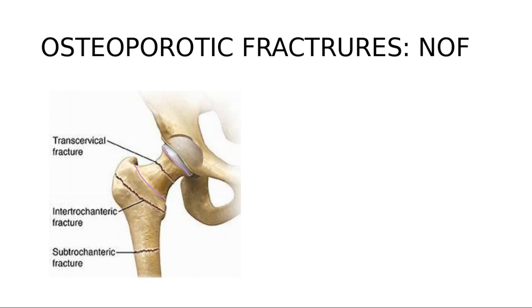It is a very common condition that occurs in the elderly population. And as I said, it occurs as a result of osteoporosis, decreased bone mineral density. And the areas that are affected most often: the distal radius with the Colles fracture, the spine, and the hip.